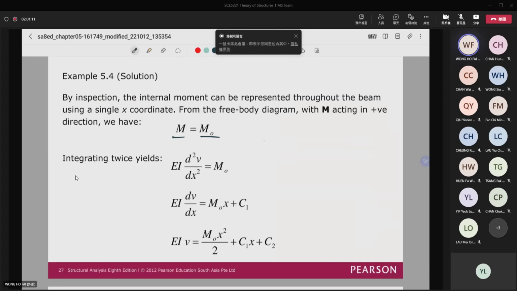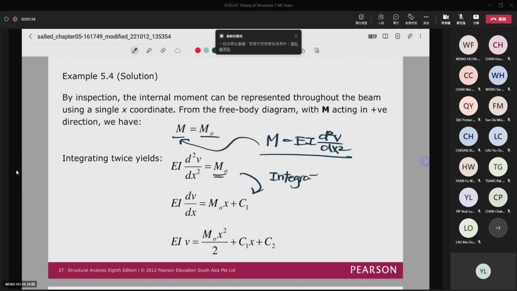Then, as I mentioned, moment is equal to EI times the deflection differentiated two times. So you just substitute this expression here. Then you have your M0 here. You integrate one time. Then you will get the slope.